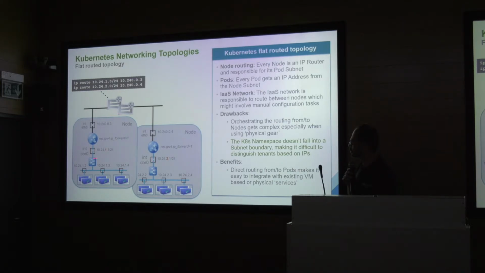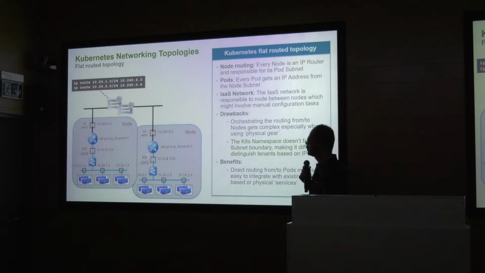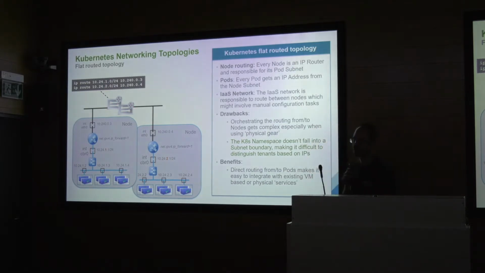It means that for any communication between these two pods, if they need to communicate with each other, we have to announce the routing information about these two networks, 24.1 and 24.2, into the physical network. And here there is one very valid comment. I already mentioned that namespaces have different boundaries than IP subnets. So we have a mismatch between the IP subnet, which is allocated to the entire Kubernetes node, and the namespace.